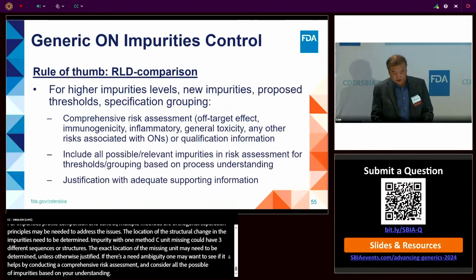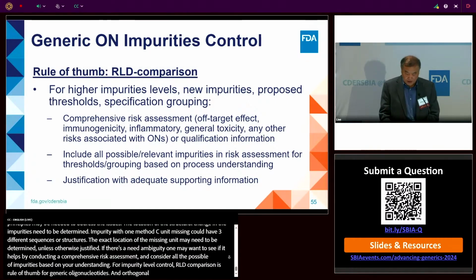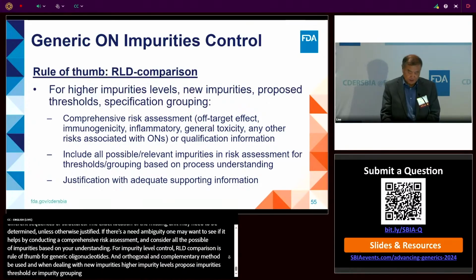For impurity level controls, RLD comparison is the rule of thumb for generic oligonucleotides. Orthogonal and complementary analytical methods may be used. And when dealing with new impurities, higher impurity levels, proposed impurity thresholds, or impurity grouping approaches, a comprehensive risk assessment may be needed to evaluate their impact on safety and efficacy.